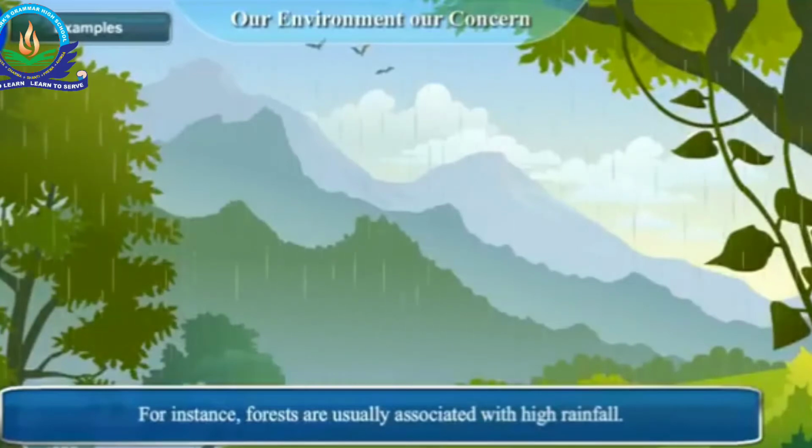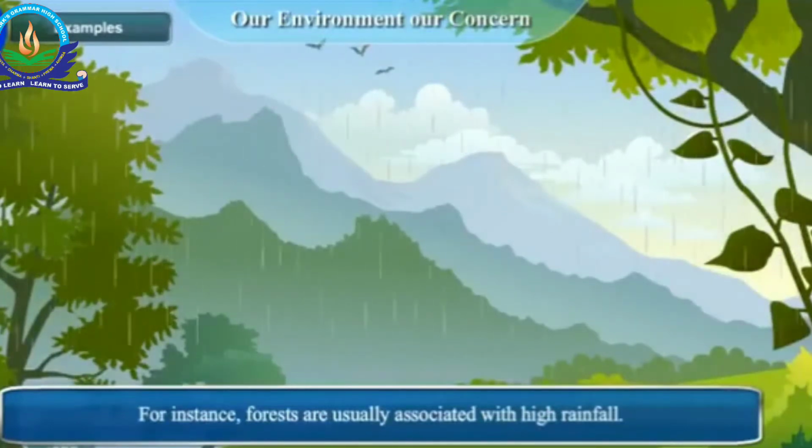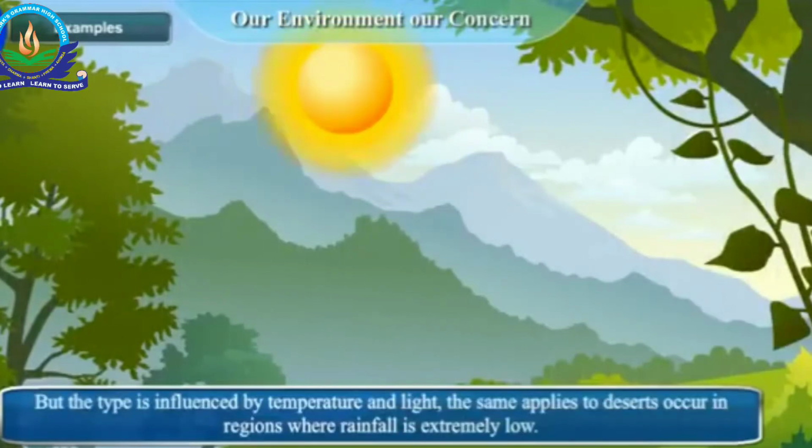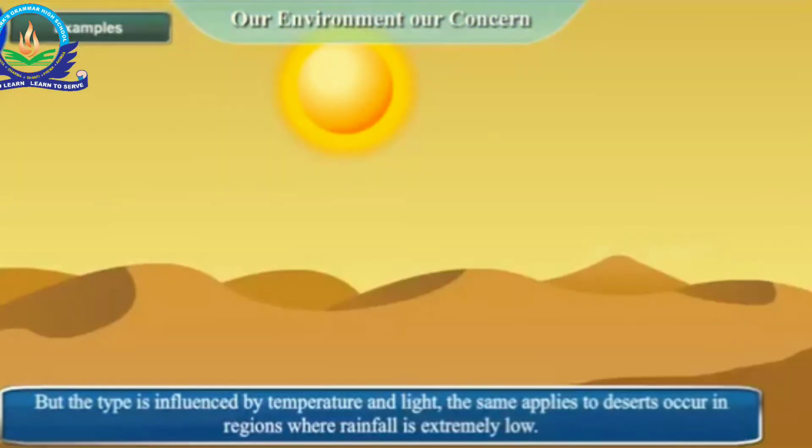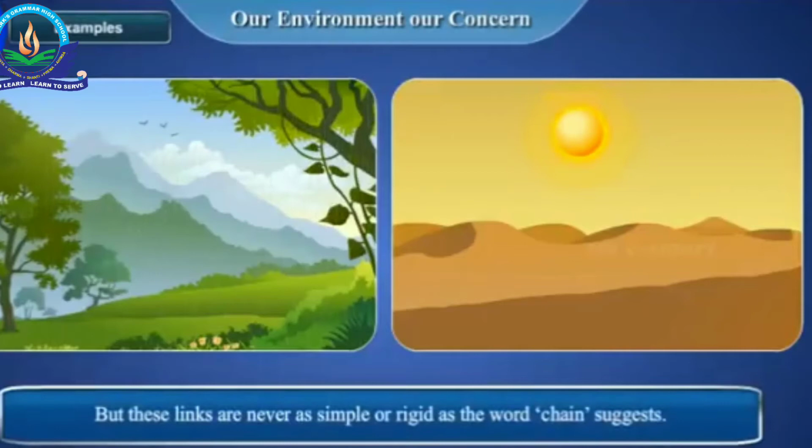For instance, forests are usually associated with high rainfall, but the type is influenced by temperature and light. The same applies to deserts, which occur in regions where rainfall is extremely low. But these links are never as simple or rigid as the word chain suggests.